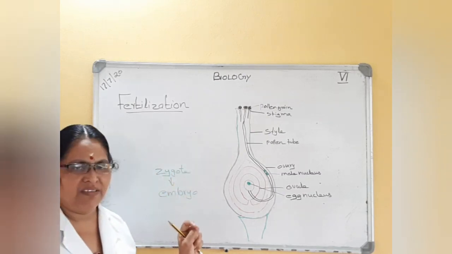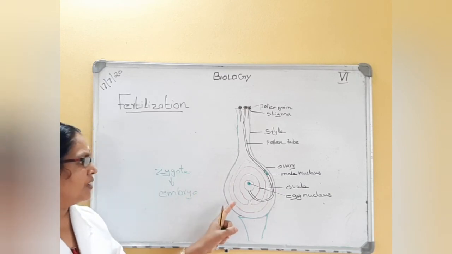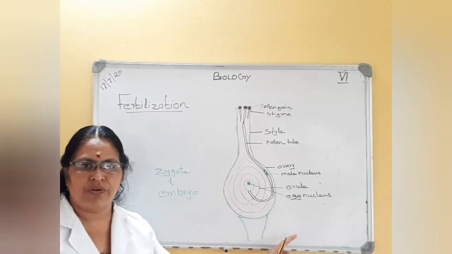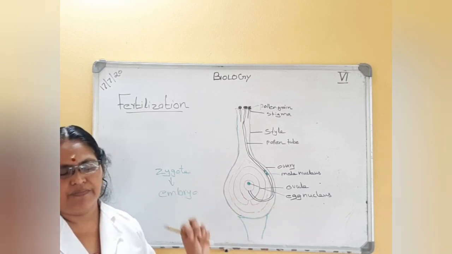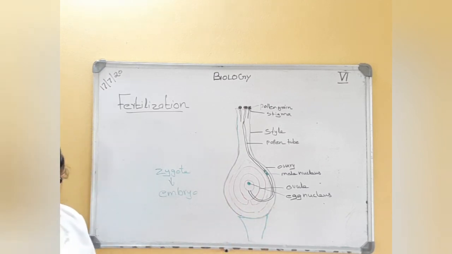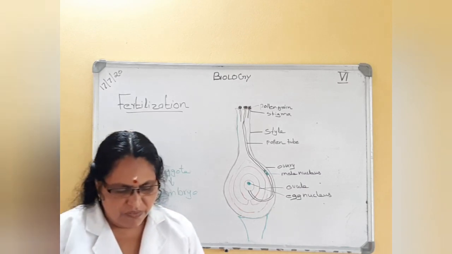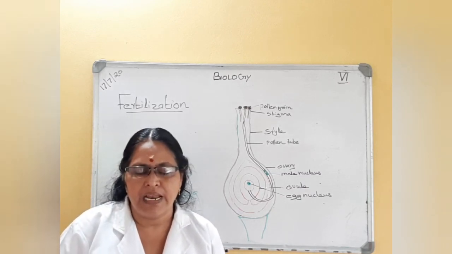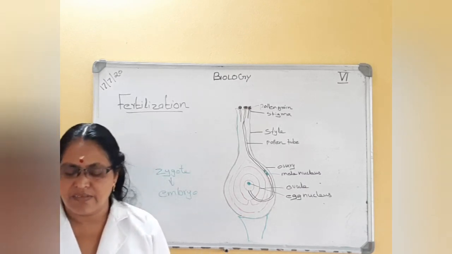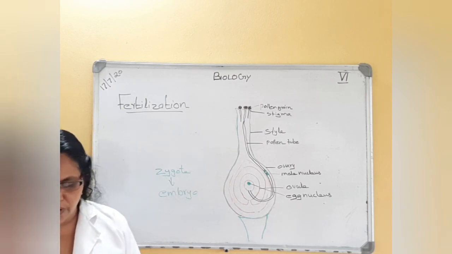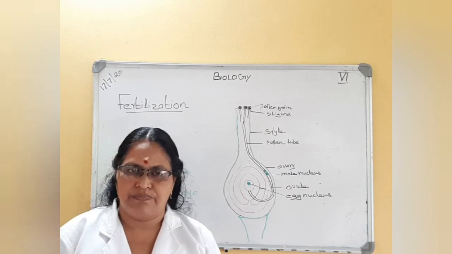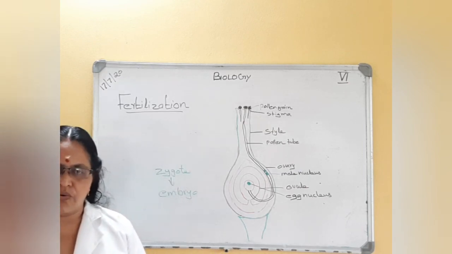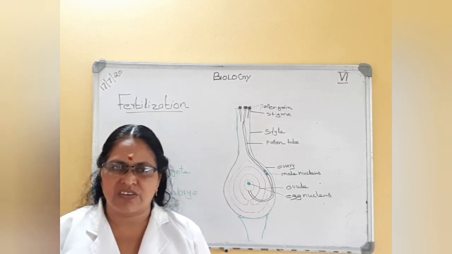So after fertilization, the ovary of the flower grows into a fruit and the ovule grows into a seed. That's all about the process of fertilization. So the fusion of male and female nucleus is known as fertilization, and the product of fertilization is known as zygote. The next topic is fruit, that we can study in the next class.